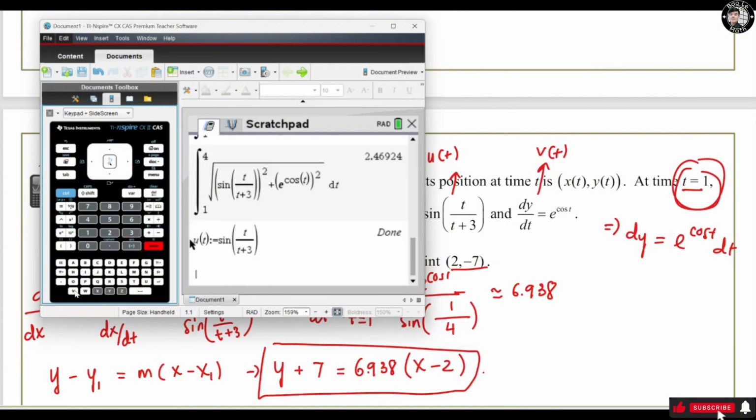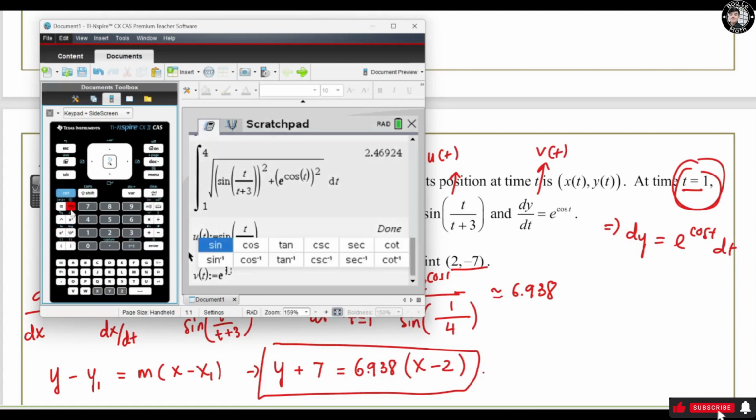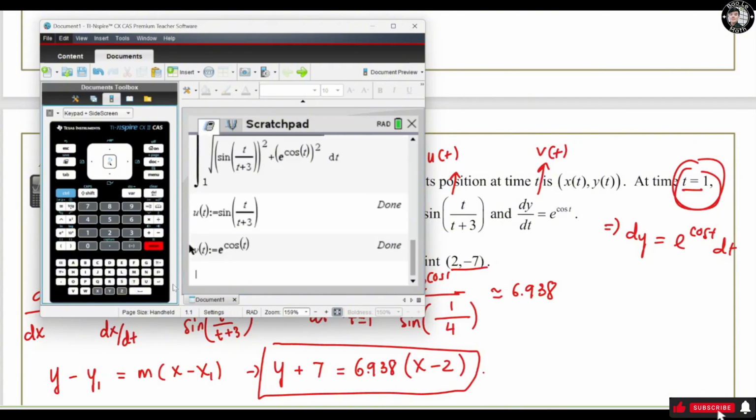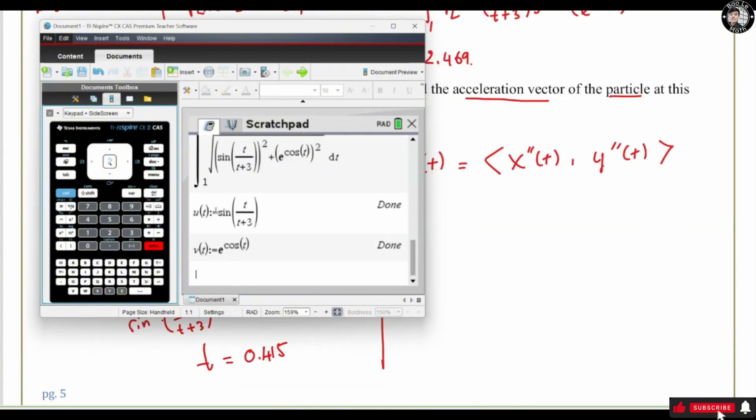Now v of t, press Ctrl and the button right here. It's going to be e to the cosine of t, right? And then press enter. Now we need to take the derivative of these two guys and evaluate the value of the function at t equals 0.415, right?